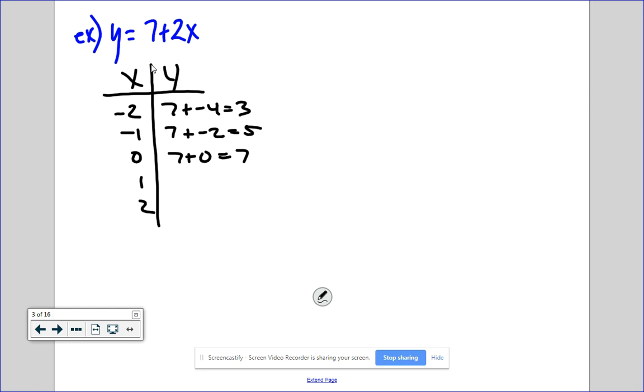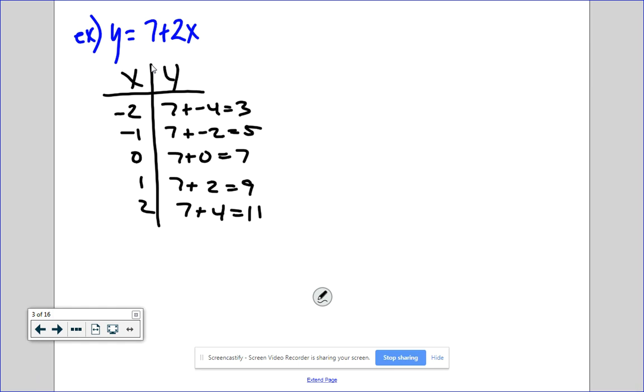It goes up by 2, if you notice. 7 plus 2 is 9. 7 plus 4 is 11. That's the second way, and then you could plot these 5 points and do it that way.